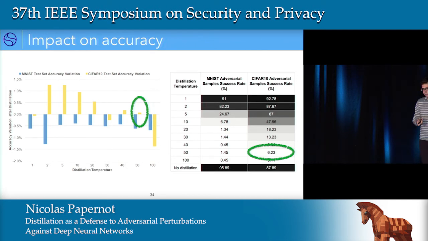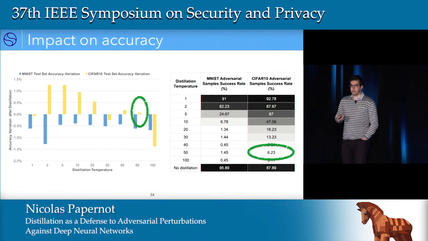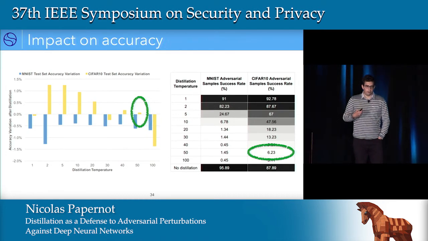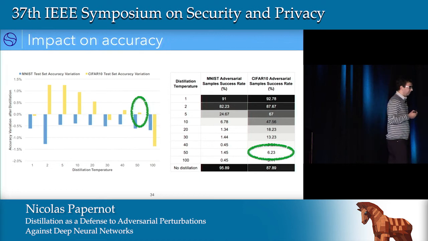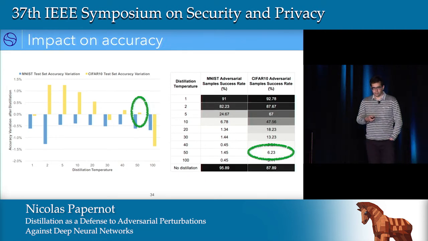You can set the attack success rate at 6% using a little improvement in the accuracy. So this clearly shows that there's a more general question here, whether you'd like to identify the relationship between accuracy and robustness. And this is an open problem that we are still looking into.